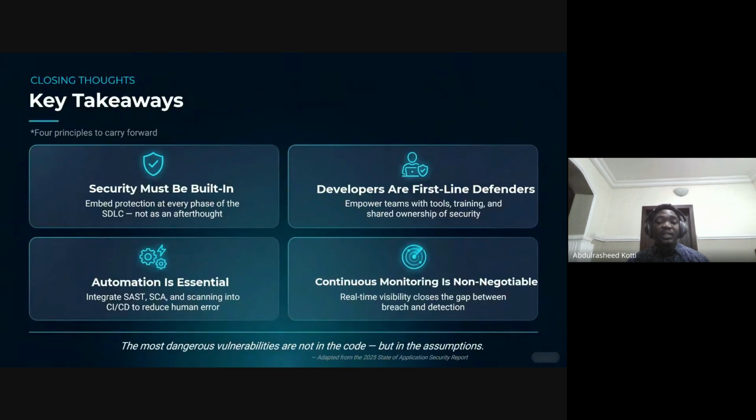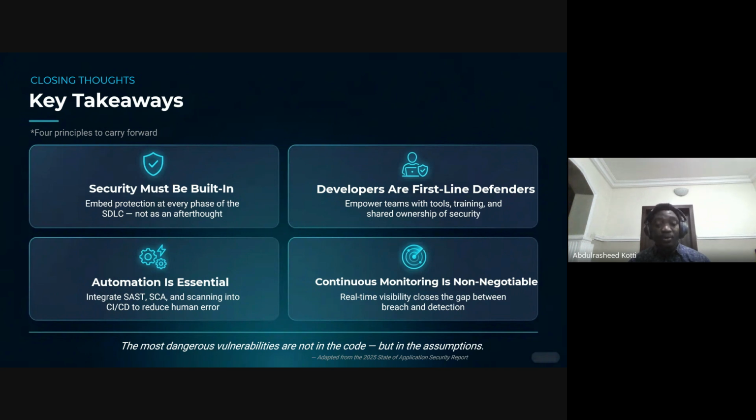So, what are the key takeaways that we need to have based on what we have all said? The first is security must be built in. It should not be added at a later time. It must be a part of the SDLC throughout all the stages, from design to dev to testing and to deployment.